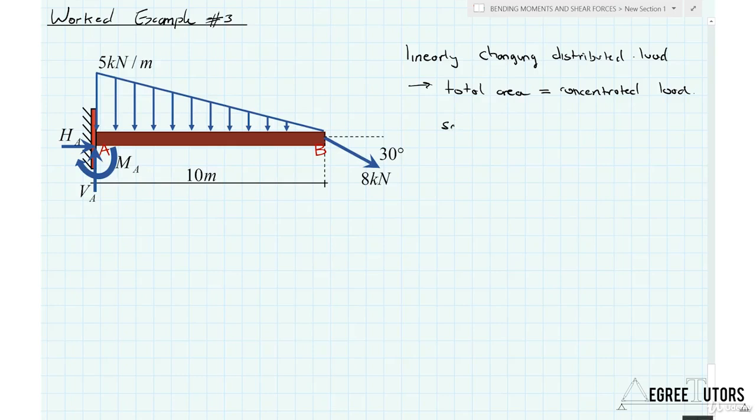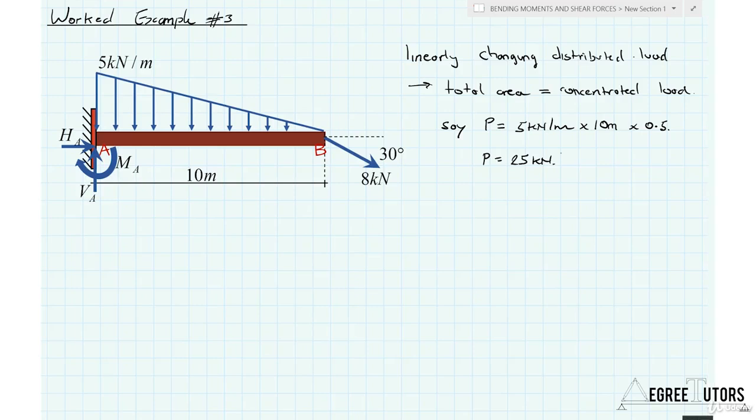So let's call it P. That's going to be the replacement load, what we replace that linearly increasing load with, and it's going to be a magnitude of 5 kilonewtons per meter times the length over which it acts, 10 meters, times 0.5, because it's a triangle we're dealing with, not a rectangle. And so P would equal 25 kilonewtons.